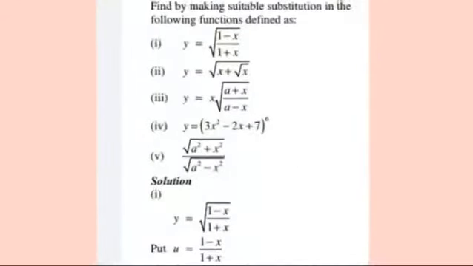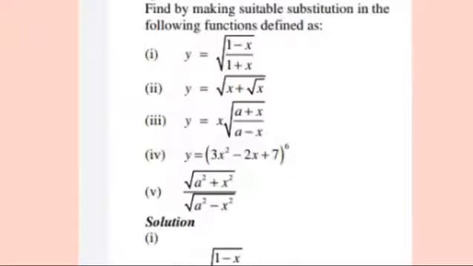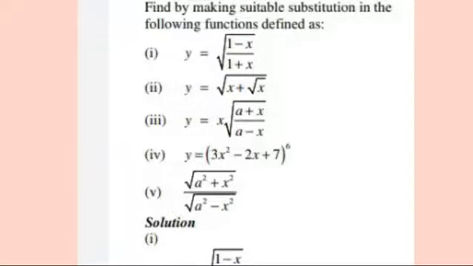For example, this is question number 1. It has 5 parts: part number 1, 2, 3, 4 and 5. In the first part, y is equal to the square root of (1 minus x) over (1 plus x). In the second part, you can see here (x plus square root x) whole power 1 by 2.